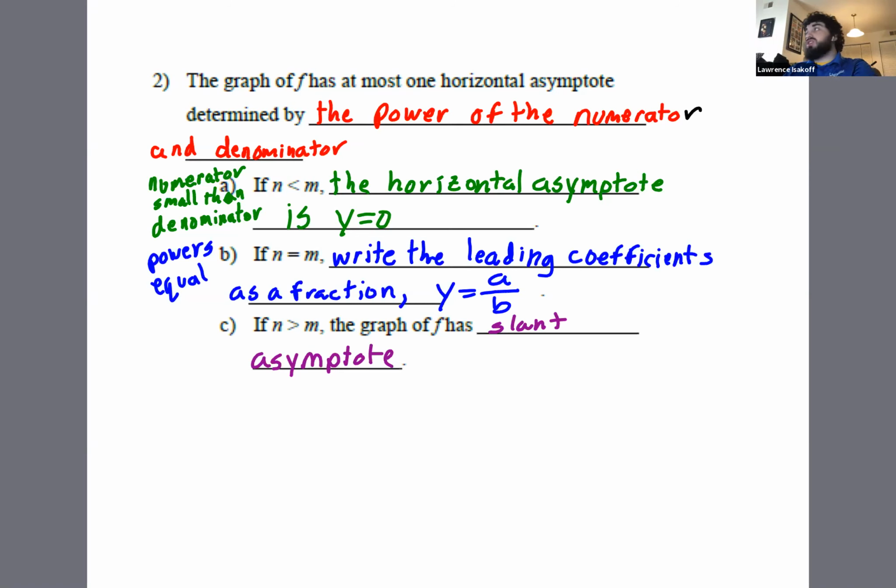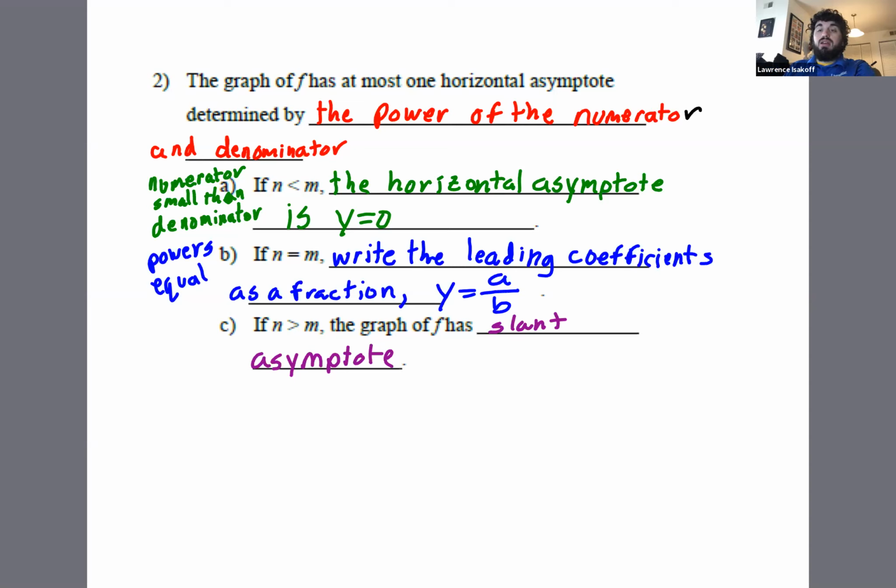If I put in some huge number, if I said x is equal to 29 billion, 1 over 29 billion is a very small number. It's barely above 0, hence why it approaches y equals 0. If I put 1 over a trillion, that's even closer to 0, but still doesn't get all the way there.